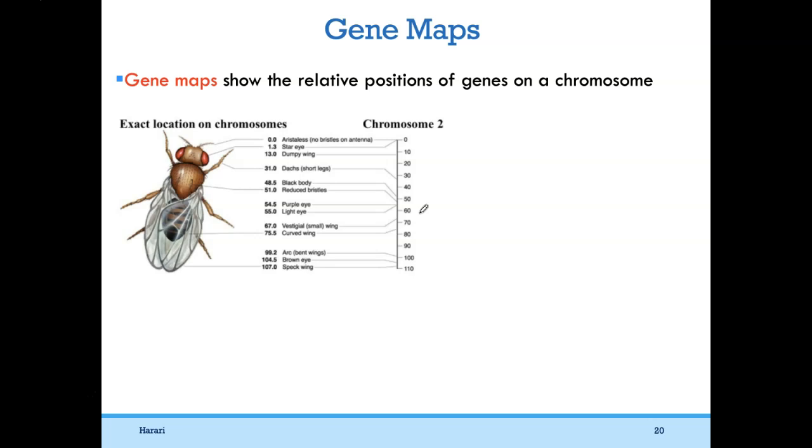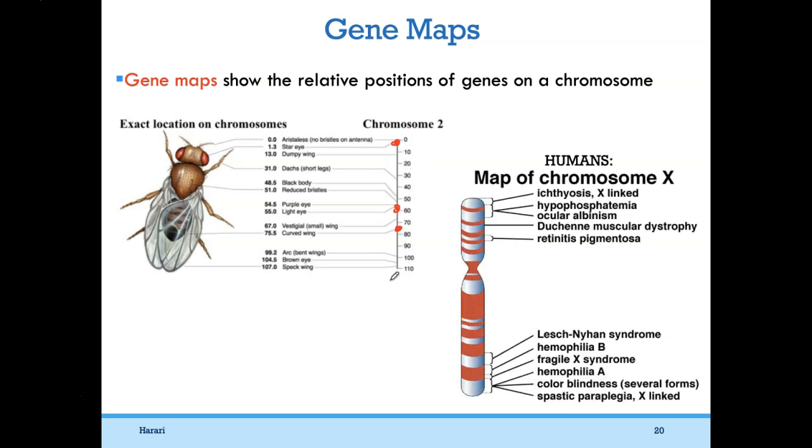Drosophila only have 4 chromosomes, and on chromosome 2, there are a lot of different genes. For example, this location encodes for either light-eyed or purple-eyed. At this location, it encodes for either a small wing or a curved wing. Over here, it encodes for bristles or not on the antenna. So we know exactly where certain genes are located in different organisms.